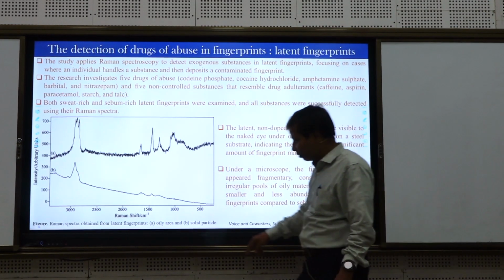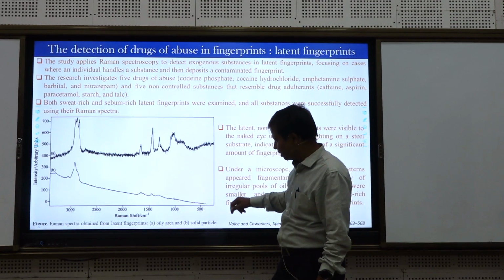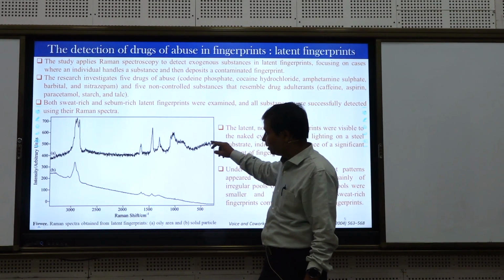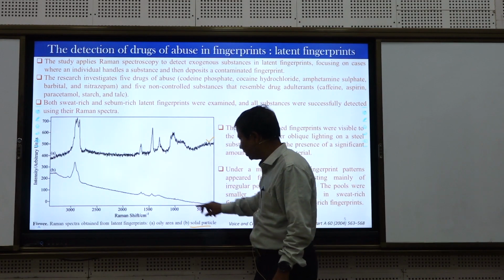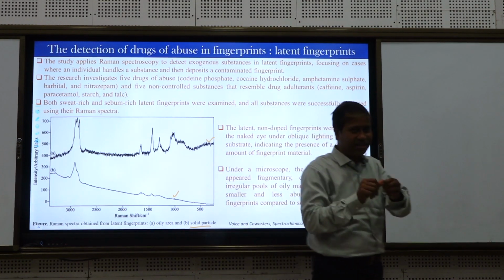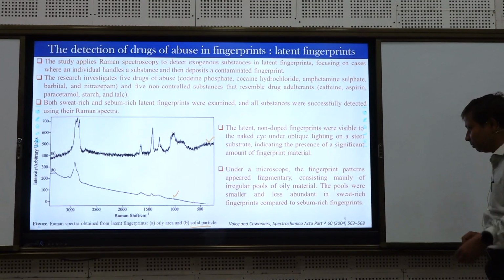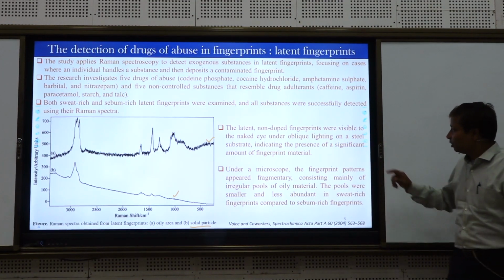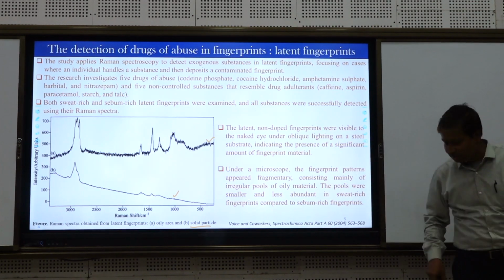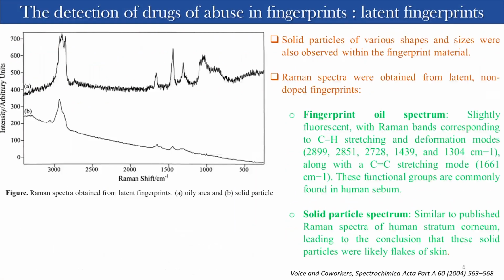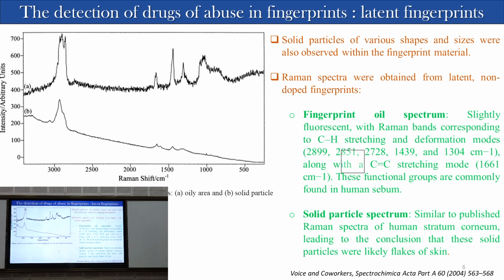So this is the Raman spectra obtained from the latent fingerprints. A is the oily area, and this is the solid particle. Solid particle is mainly the dry cell, the dry skin. So there are some points which say that it is better. Now in this one, they want to highlight some peaks like CH stretching and deformation mode, which appear at 2899, 2800.